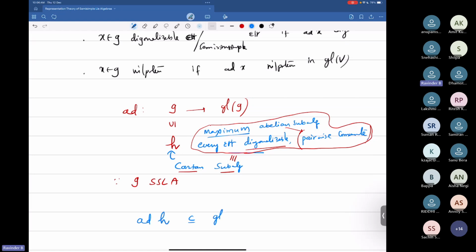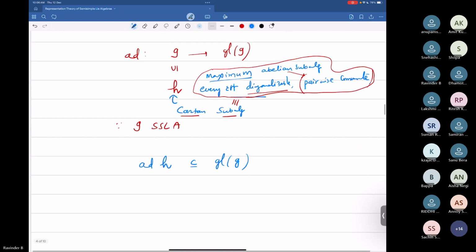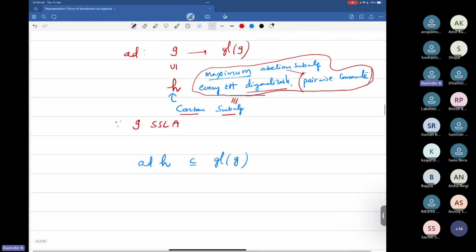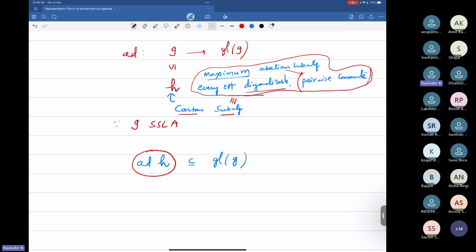This sits in GL(V). But what is that observation telling? This is the preservation of Jordan decomposition. This set is pairwise commuting, which is okay because of the Lie algebra definition. H has that property, so H is abelian, so ad H is abelian.